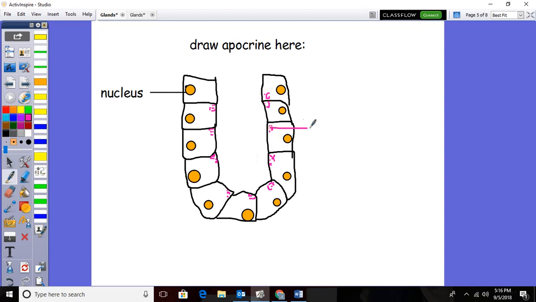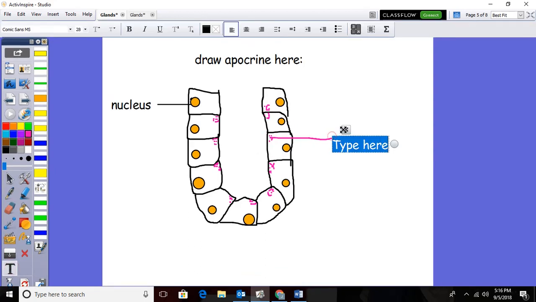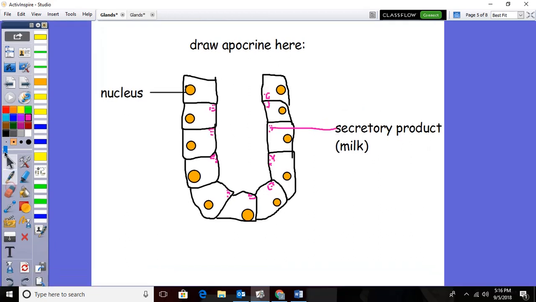Okay, so over here, we want to know that our pink that we're drawing in is going to be our secretory product, which is milk. So notice that it's collecting in a corner. So what's going to happen now is I'm going to draw some dashed lines here.